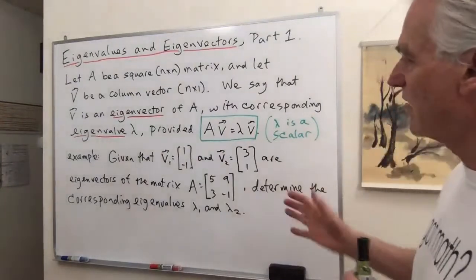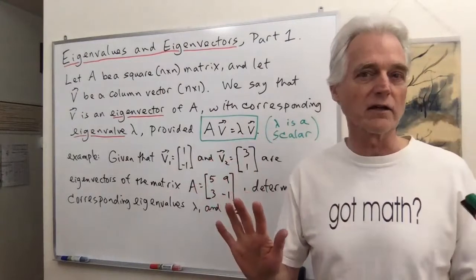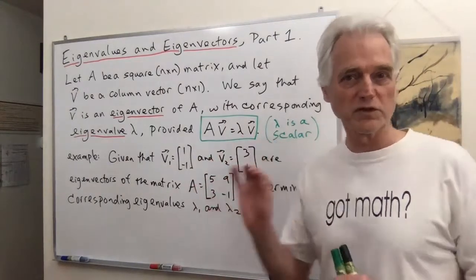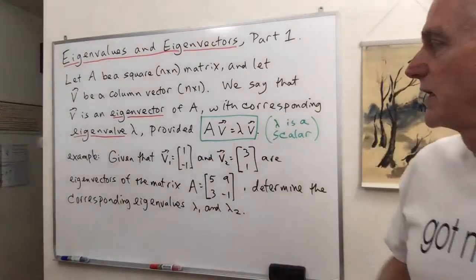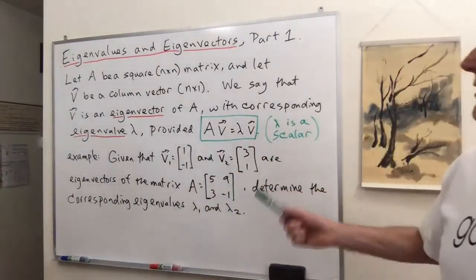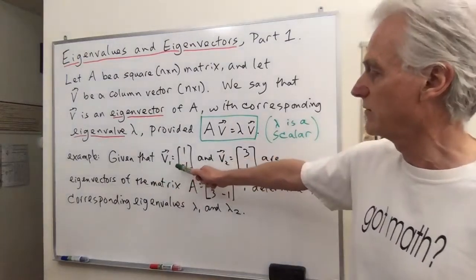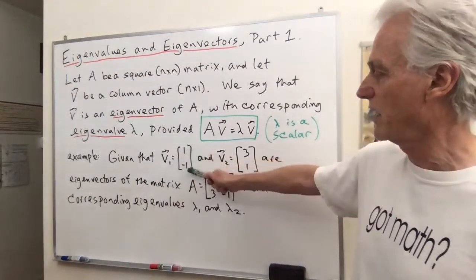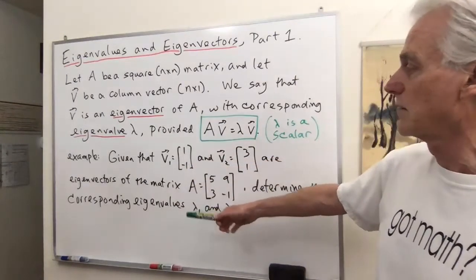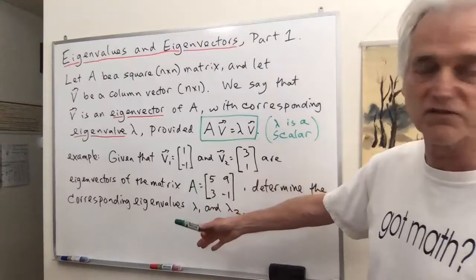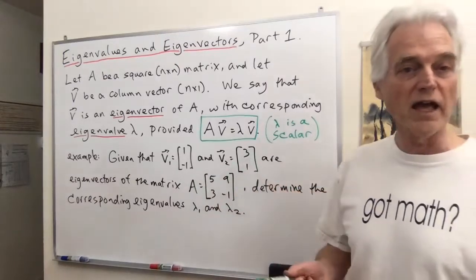So we're not going to talk today about how you find the eigenvalues and eigenvectors, but we're just going to use this definition. So here's the first example. Suppose I tell you that V1, which is (1, -1), is an eigenvector, and it has eigenvalue lambda 1, we're going to figure out, and V2, which is (3, 1), is another eigenvector.